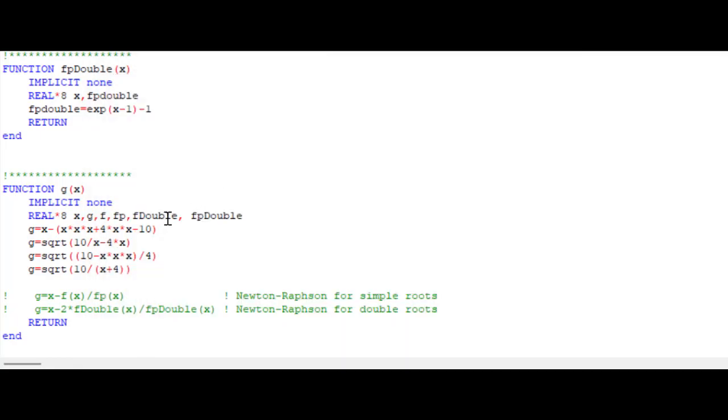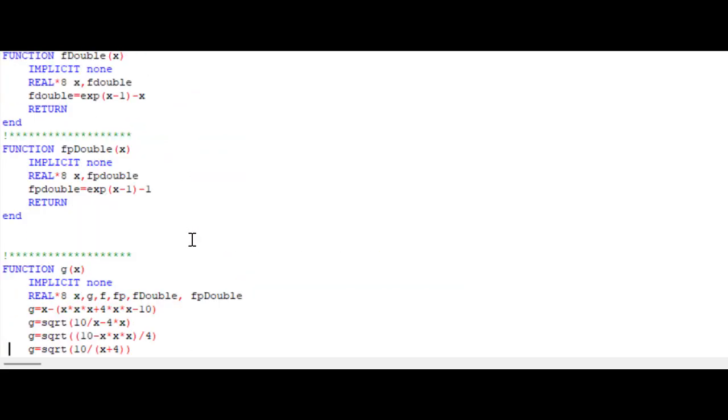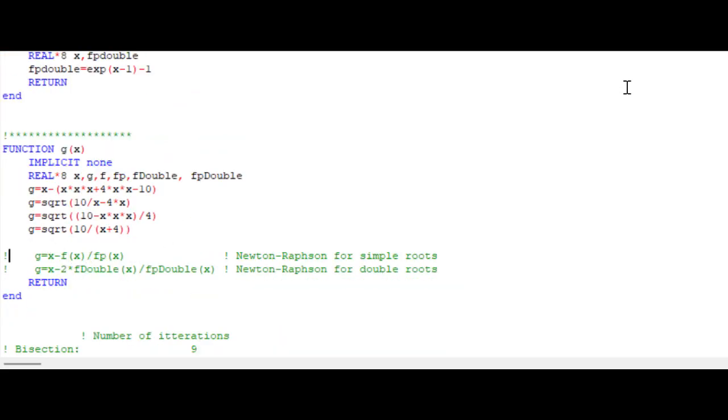So by choosing different g functions, you may have different rates of convergence. Here, for the fixed point, 2 of them diverge, the third one takes 14 iterations, and the fourth one 5 iterations. Okay, let's try the Newton-Raphson method, which is a special case of the fixed point.